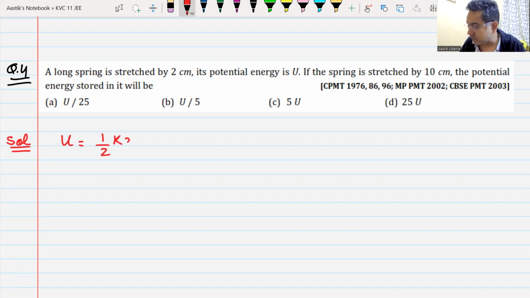So, how do you get the answer? It is pretty simple. You just have to remember the potential energy in the spring is proportional to half kx square. So, you can see that the spring potential energy is proportional to x square.